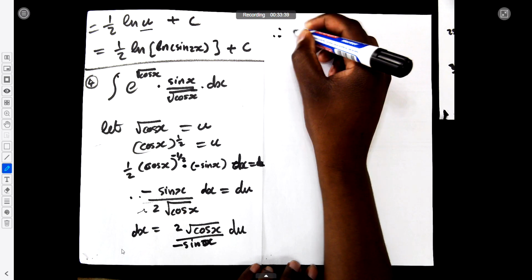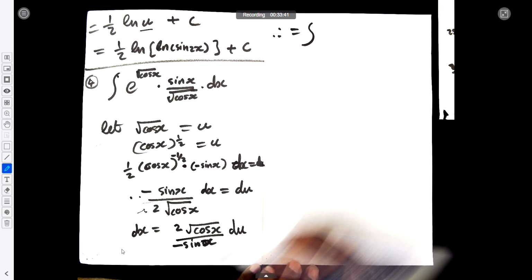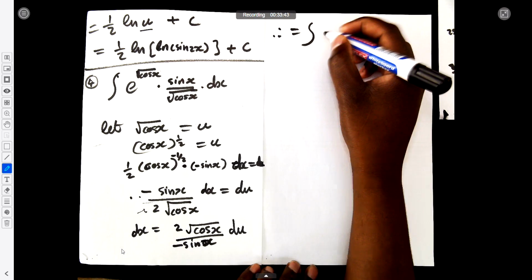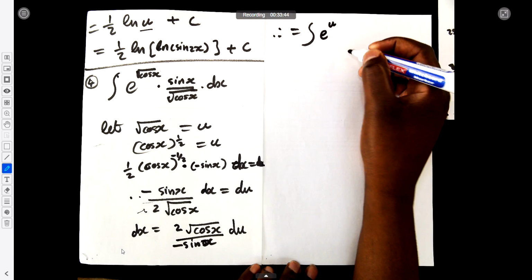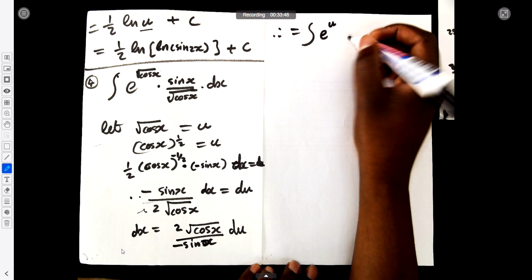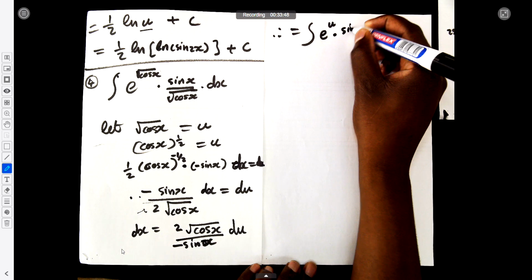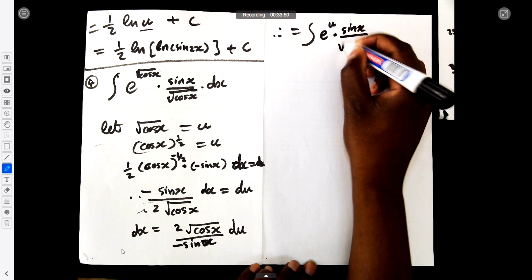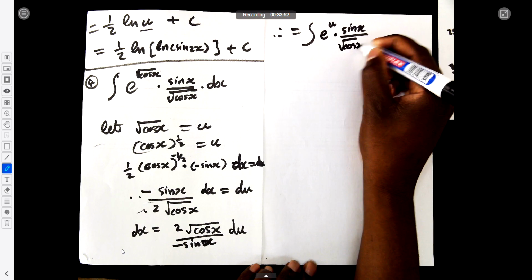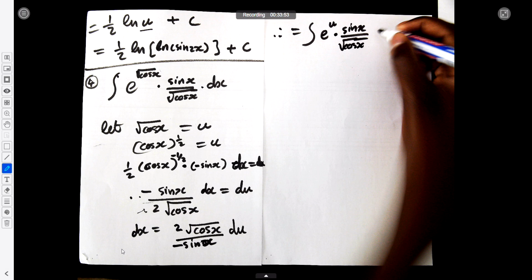Therefore, now we can replace our root cos x by u, or replace dx by this whole expression here. So therefore, our solution will be equals to. We said that root cos x is equal to u. Therefore, here we still have sin x all divided by root cos x, times dx.